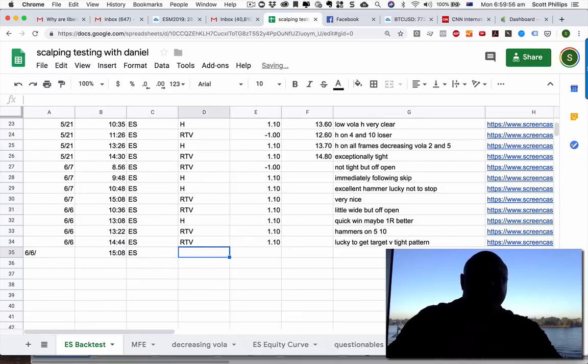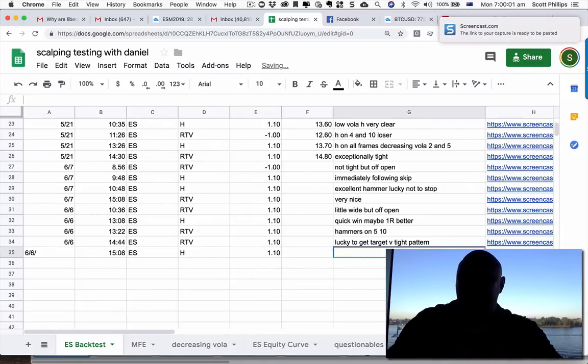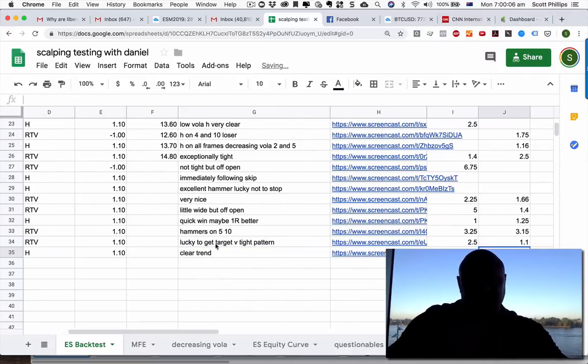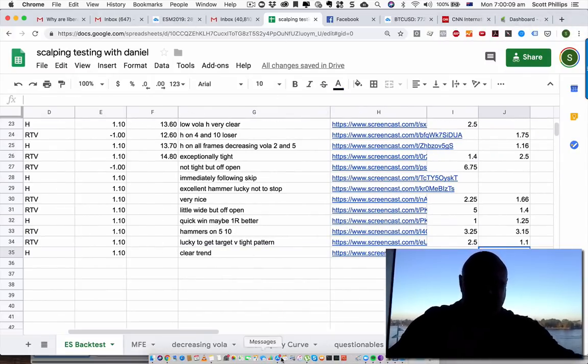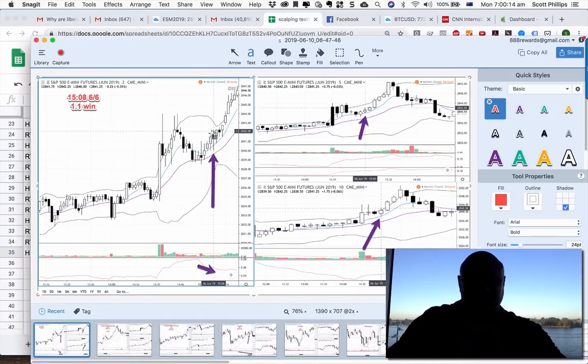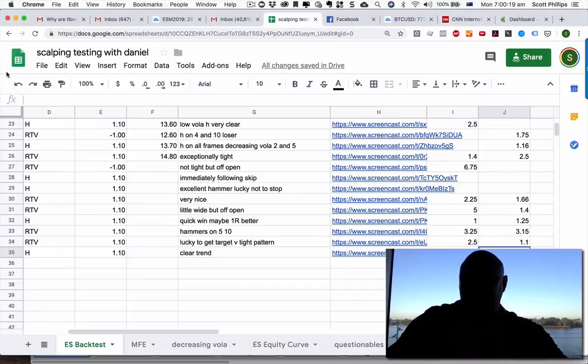I may as well do the last one, 1508, 6 to the 6. Okay, and now the only thing I have to do is go back to here and work out my maximum favorable extension, and put that in.